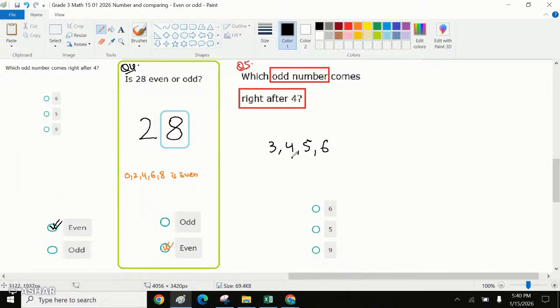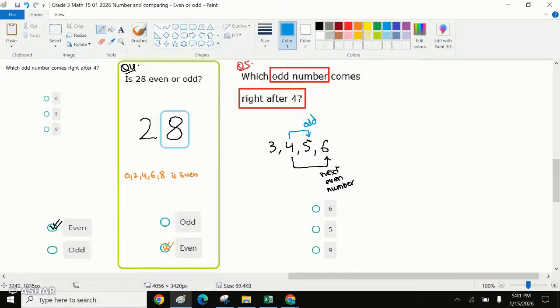So if they're asking for the next even number, this is the next even number. But in the question, they are not saying next even. They are simply saying what odd number comes after 4. So after 4, the next number would be odd.